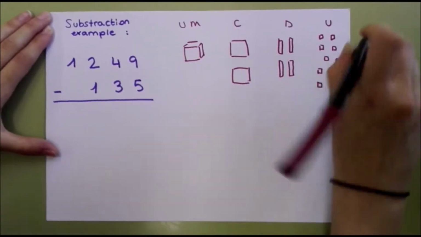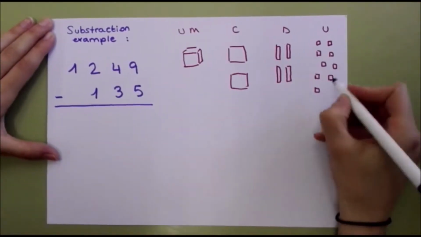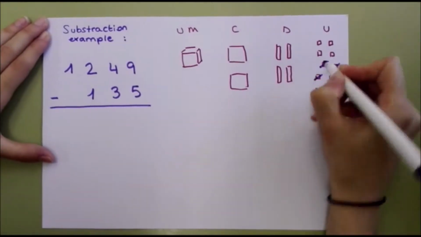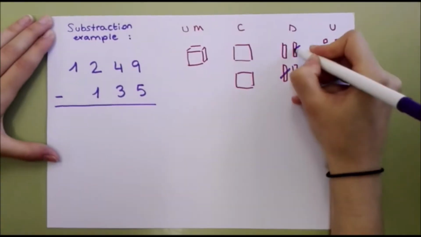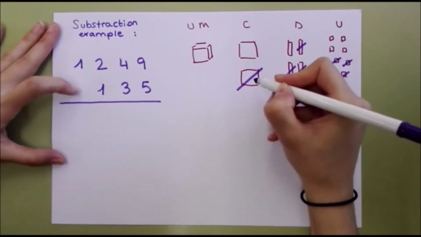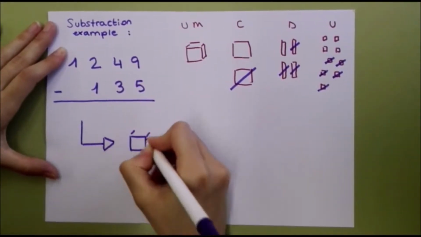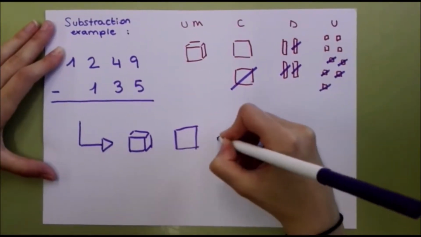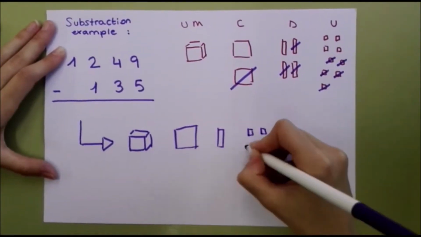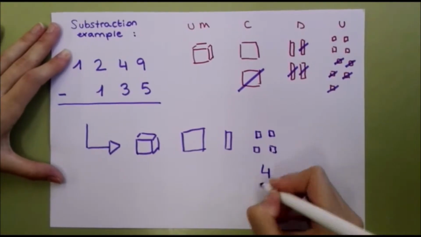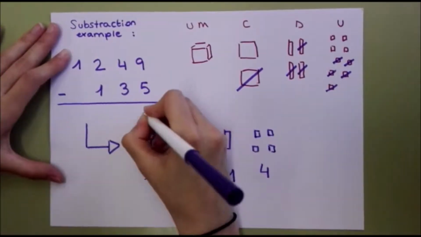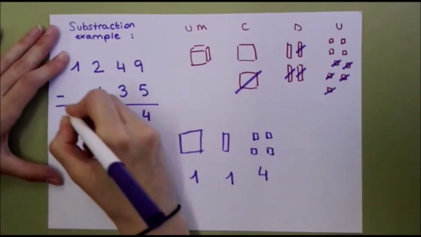As we have got 9 units, we can take away 5 of them. We can also take away 3 tens from the 4 I have got and 100 from 2. The result is 1000 unit, 100, 110, and 4 units, which means the number 1114.